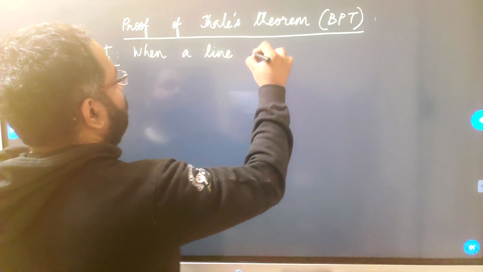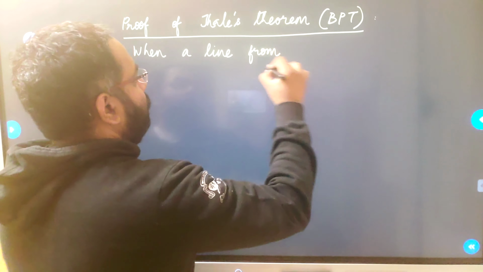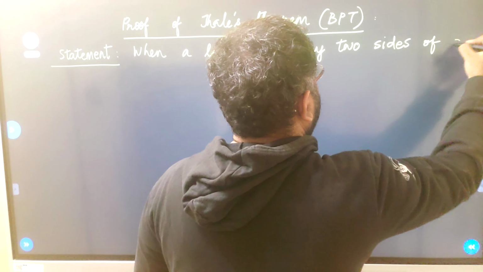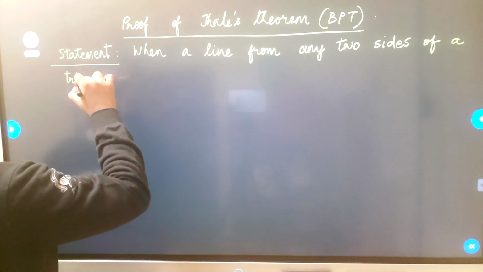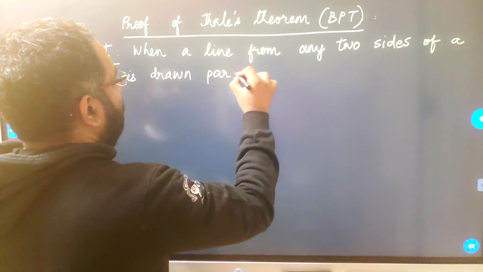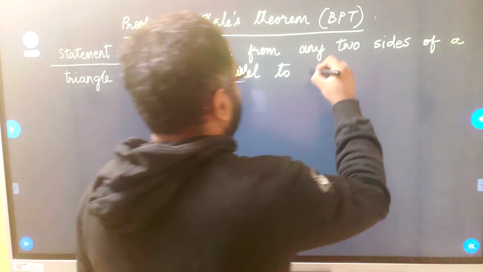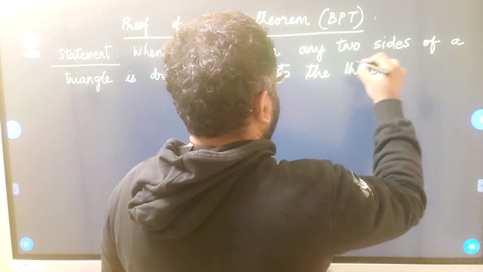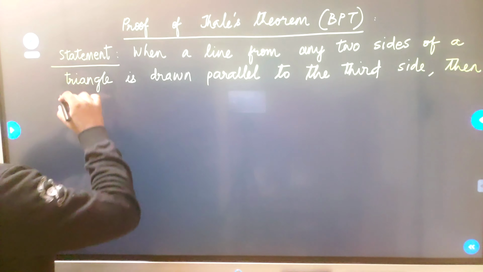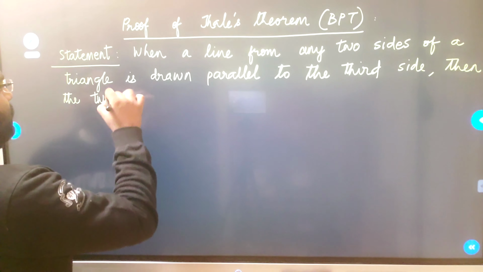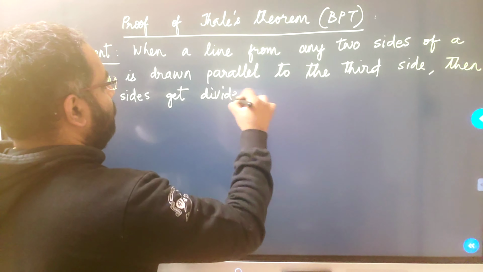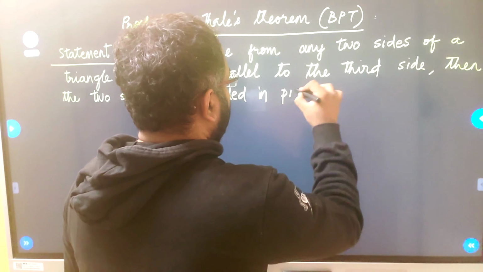When a line from any two sides of a triangle is drawn parallel to the third side, then the two sides get divided in proportion.